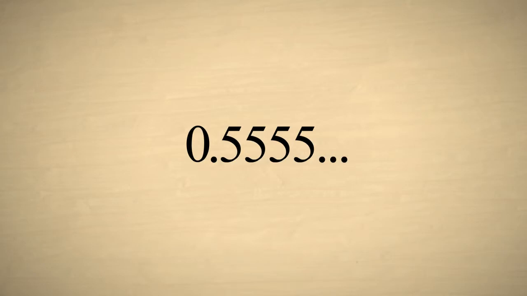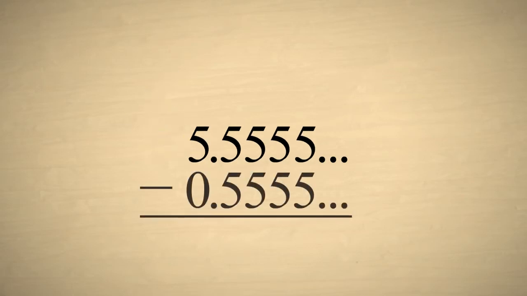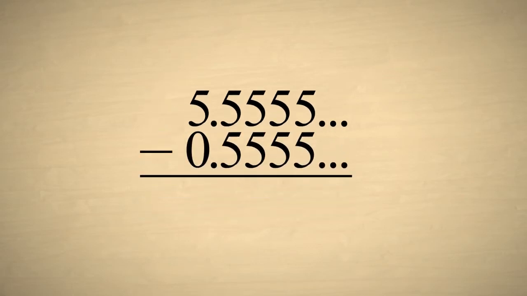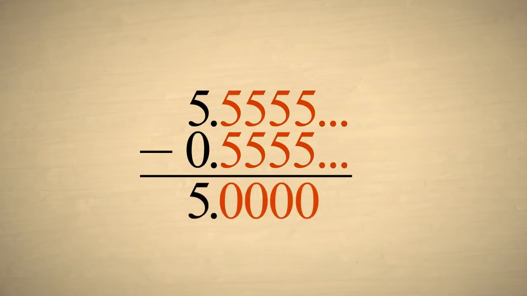The first step is to eliminate the infinitely repeating digit. We do this by first multiplying the number by 10 to shift it one column to the left, and then subtracting the original number. Since both numbers in this example have an infinite number of repeating fives, this eliminates all the repeating fives after the decimal point.